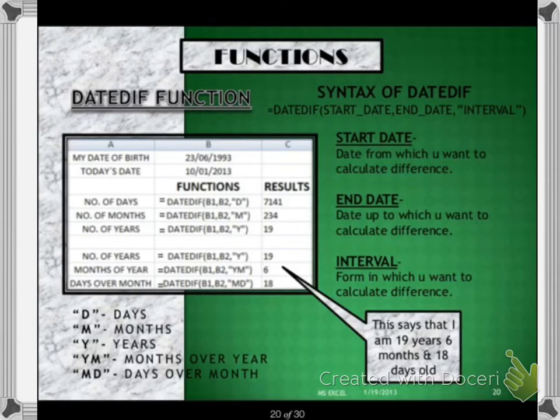How many parameters are there in interval? D, M, Y. D for days, M for months, Y for years. So, there are 3 parameters for interval. Now see an example. They have given two dates in B1 and B2. Now we are finding the number of days: DATEDIF B1 comma B2, that is start date, end date.